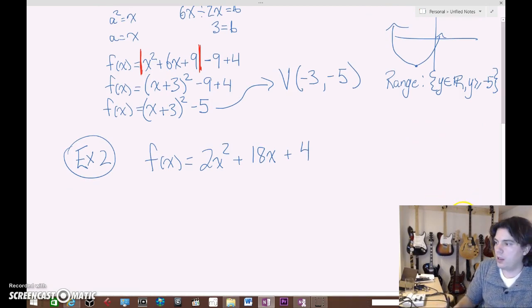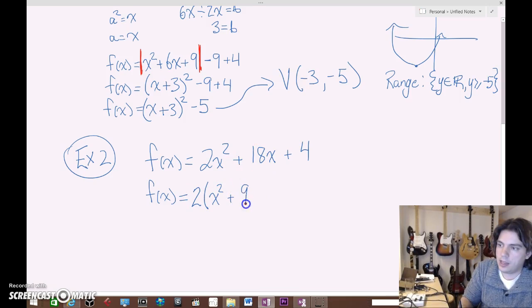Okay, the first thing you'll notice is that unlike last time, there's a number in front of the x squared. And we are always going to factor anything out that's in front of here. Whatever the number is, we're going to factor it out. Even if it's not a greatest common factor, we're going to factor it out, though in this case it is. So we take the 2 out, and inside, 2x squared divided by 2 would just be x squared. 18x divided by 2 is going to be 9x, and 4 divided by 2 will be 2.